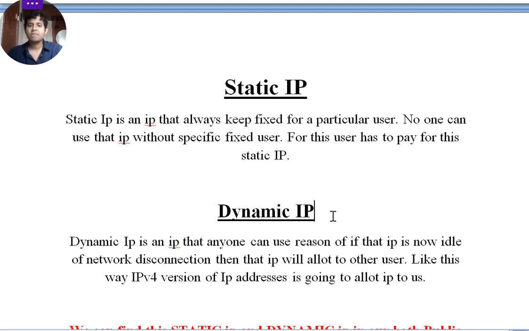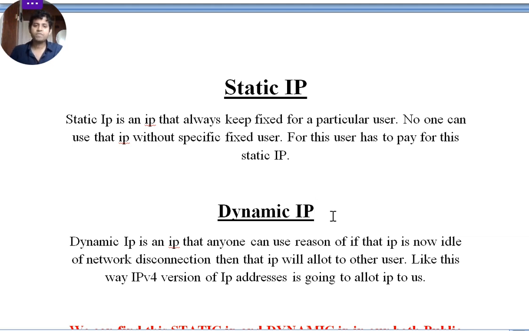That IP address is usable only by a particular account, and whether I am using the internet or not doesn't matter. The IP address will be kept fixed for me always. So with a static IP, no one can use it except the authorized user, and the authorized user should be just one user, not two or three. It can't be with static IP.